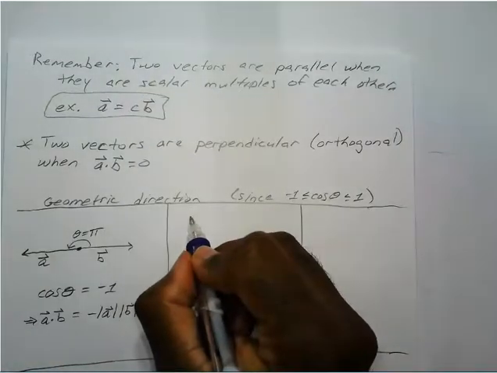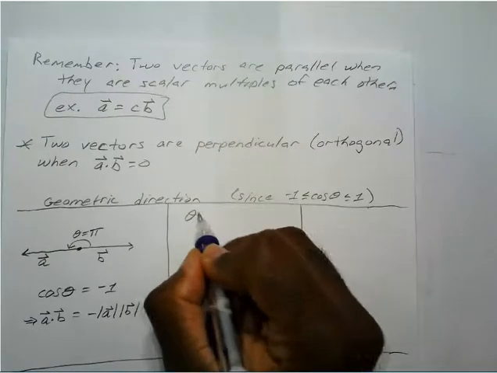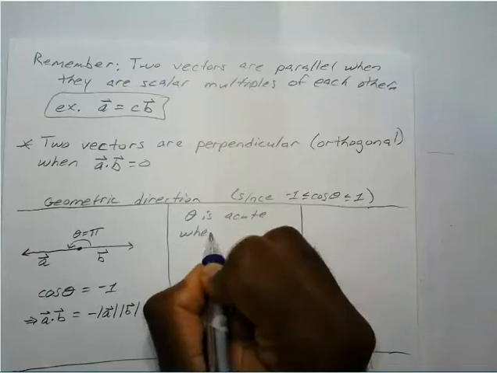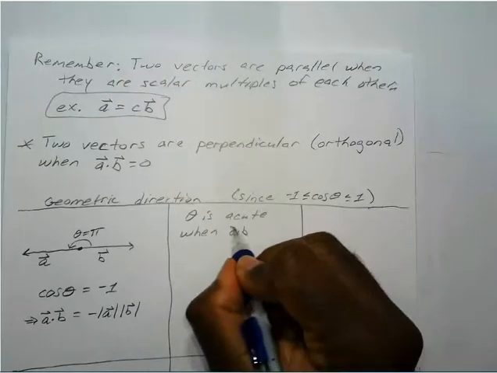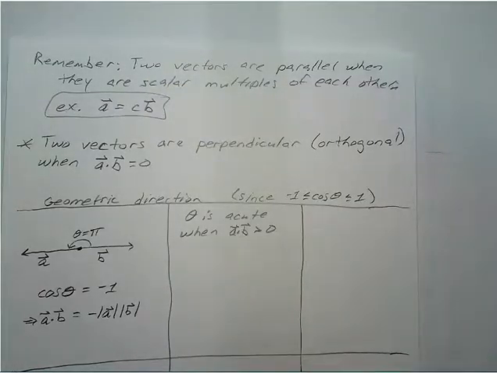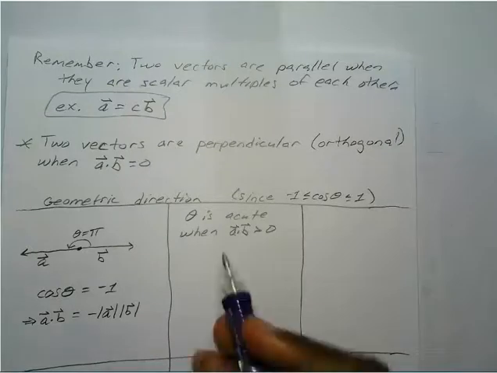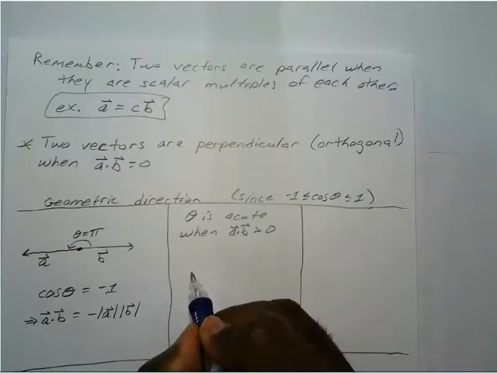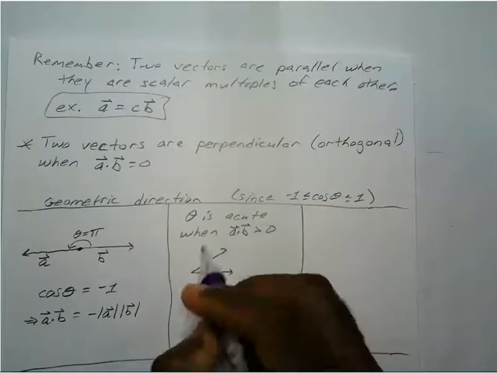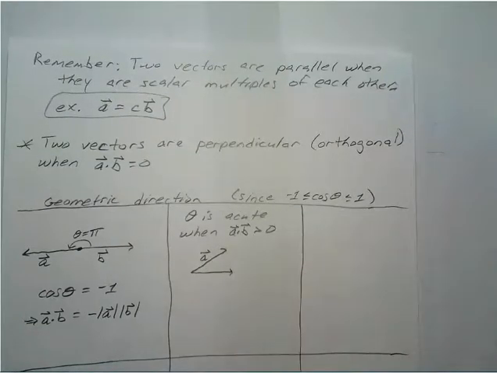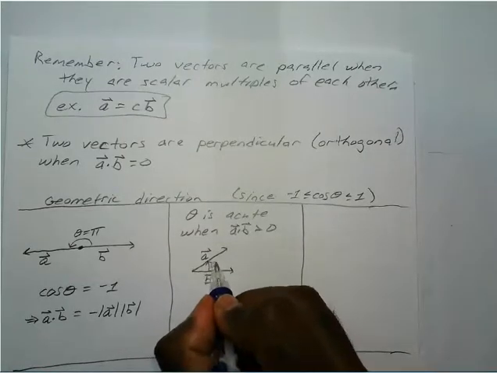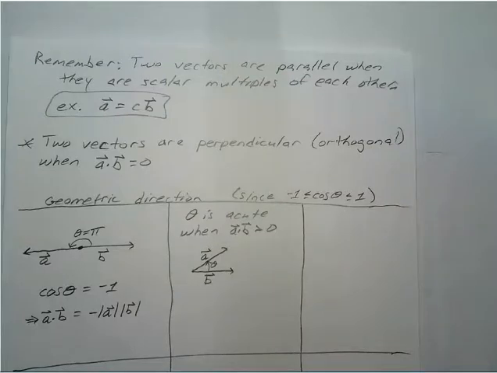What if theta is an acute angle? Theta is an acute angle when the dot product of A and B vector is positive. Okay, so how do we know that? Well, let's look at an example acute angle. This is vector A, and this is vector B, and this is our acute angle theta that's less than 90 degrees.